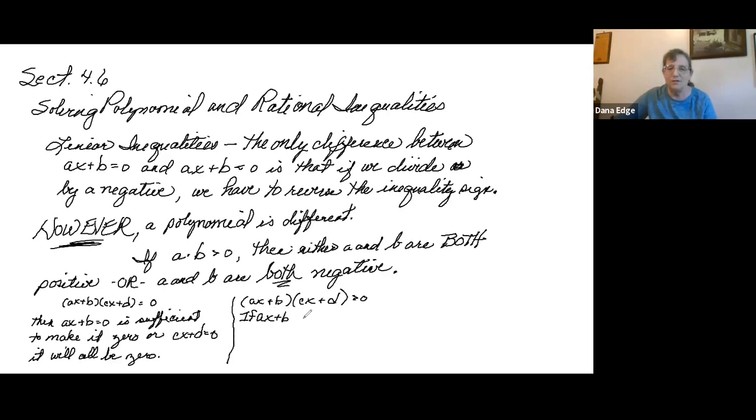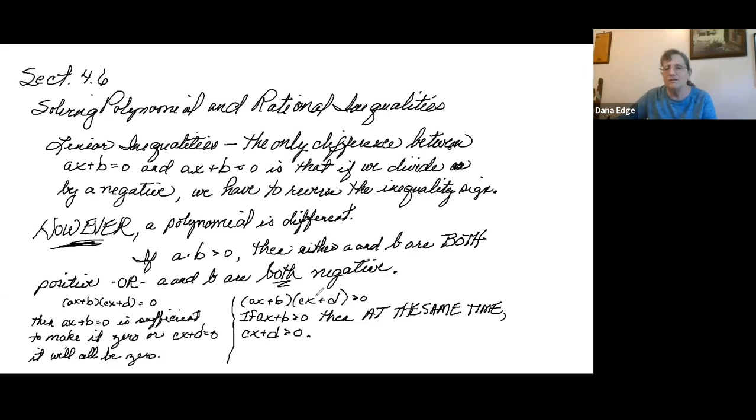If ax plus b is greater than 0, then at the same time, cx plus d has to be greater than 0. Remember that greater than 0 means positive.